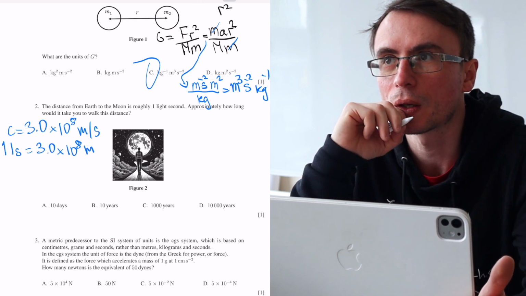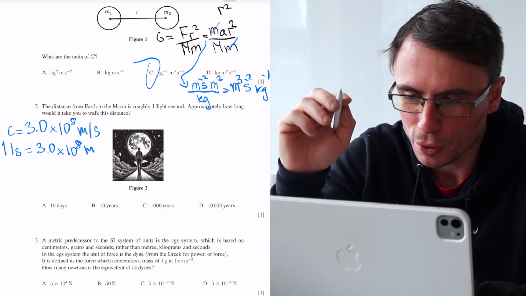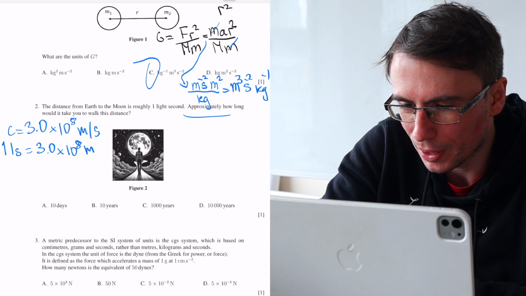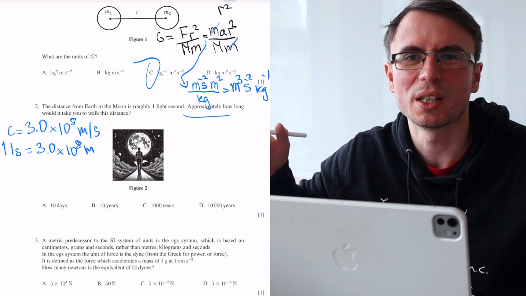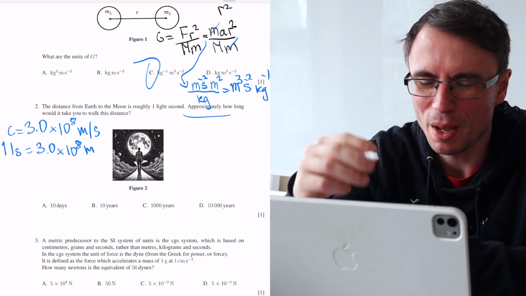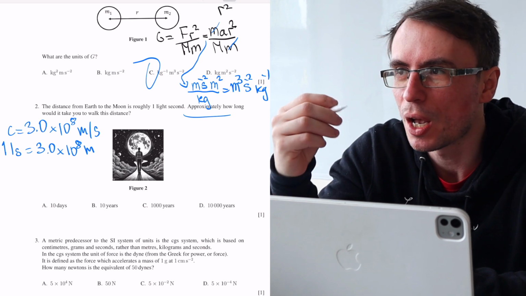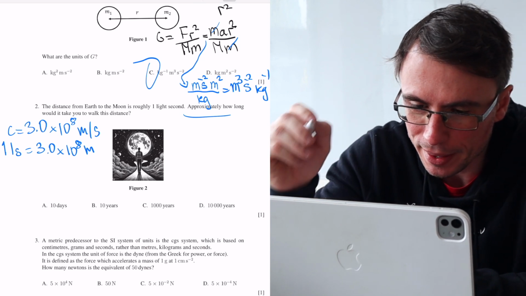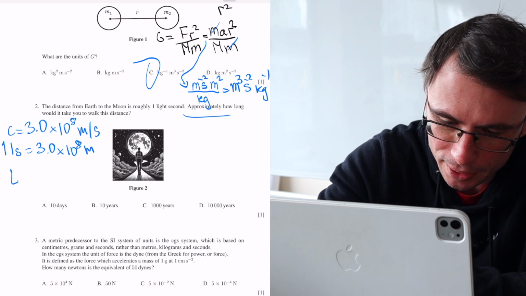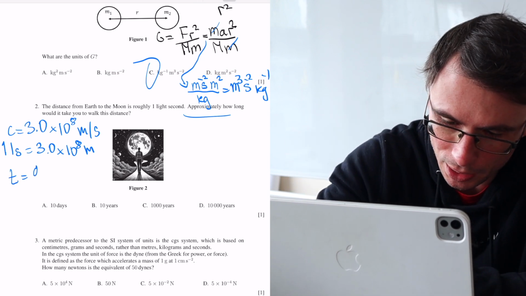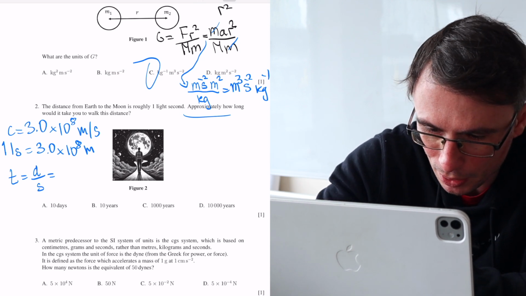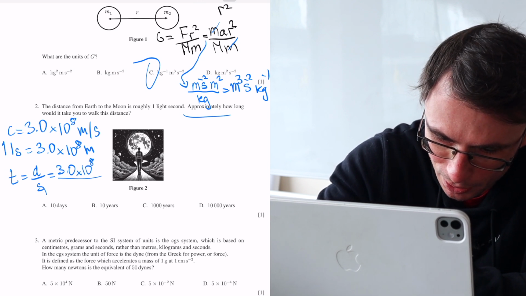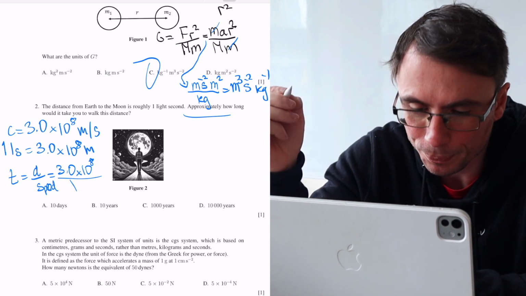of 8 meters. This is an approximation question, so the clue is "approximately", that's written in the question, so we can assume that on average we travel about a meter ruler a second, maybe a couple of meter rulers, but let's just for the ease of math choose 1 meter per second, and then we can just use the fact that the time is going to be the distance divided by the speed, which is going to be 3.0 times 10 to the power of 8 divided by the speed, which is just 1 meter per second.